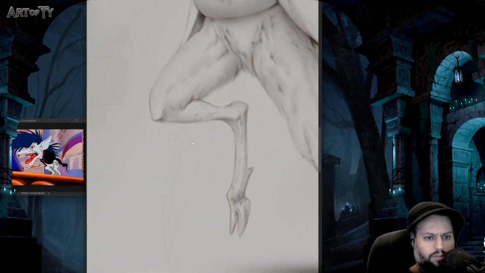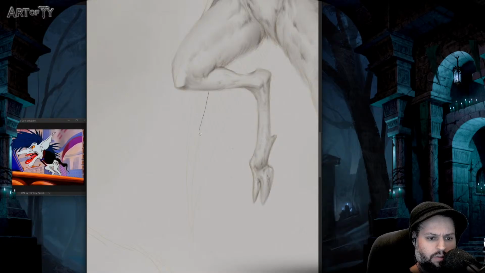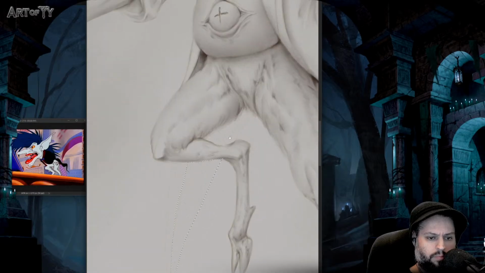Okay, now we need to do this coat here. So let's just lasso this out. I'll have to finesse that edge there.